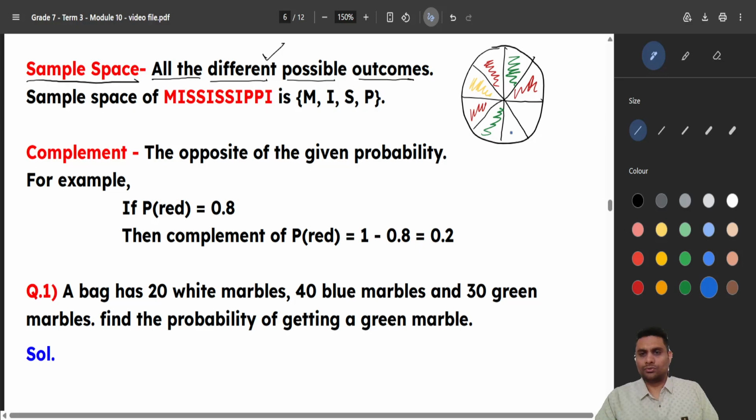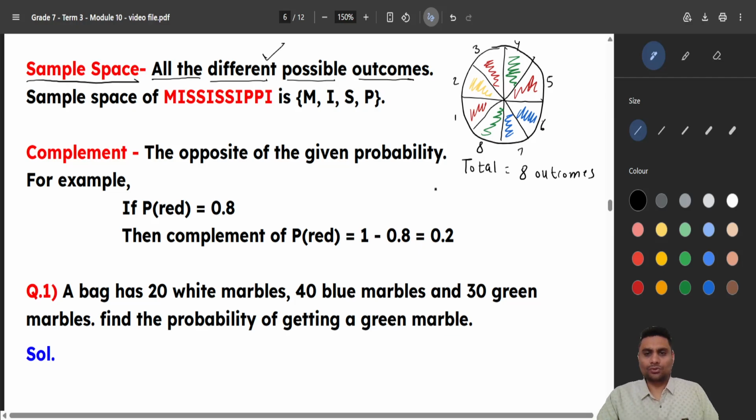And then I have blue, one blue here, one blue. Now, if I ask you what are the total possible outcomes, how many? So you will count 1, 2, 3, 4, 5, 6, 7, 8. Total outcomes are 8, right?